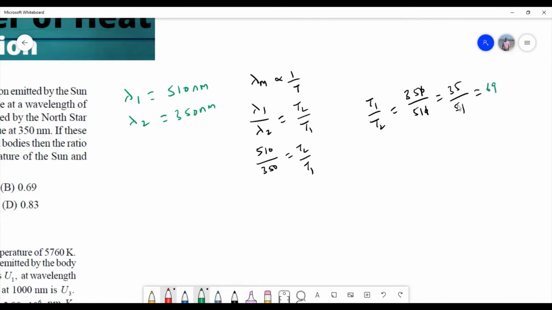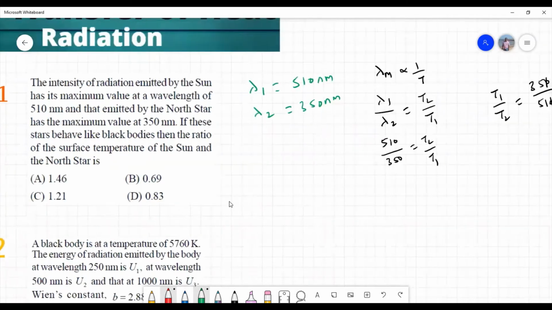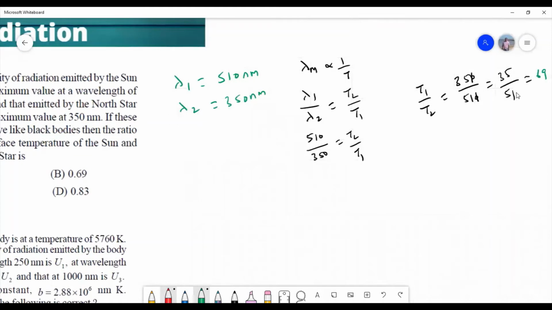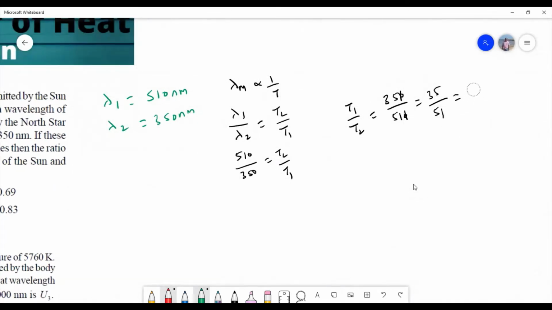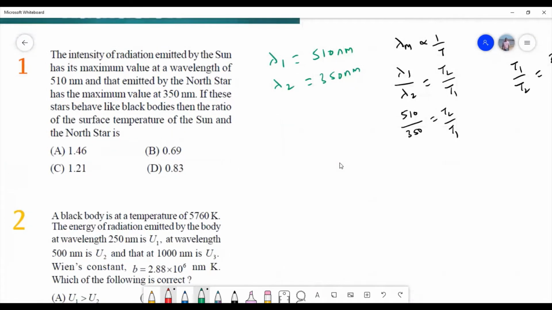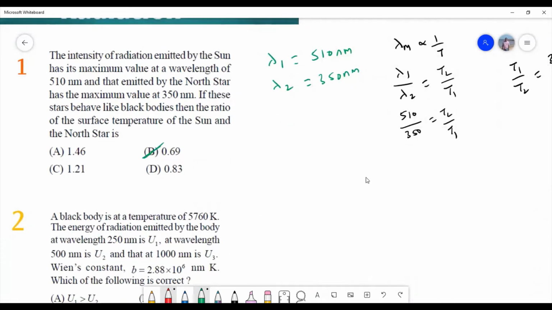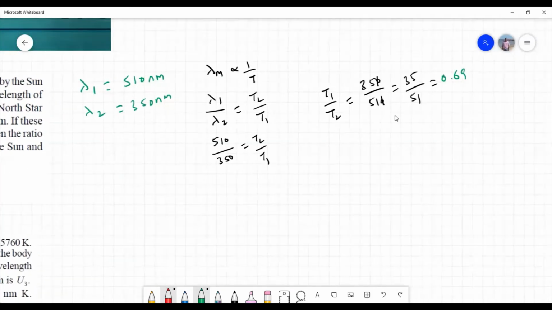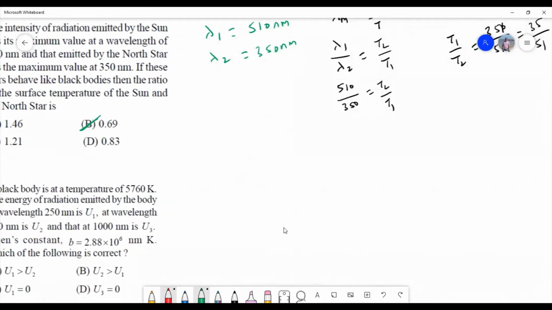So no need to calculate, because just by looking at the options you can guess the answer. So the option is option number B. Just by looking at the options, you can guess the answer. No need to simplify all the decimals.